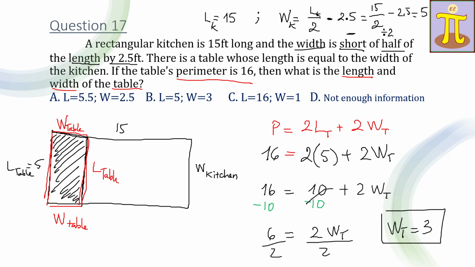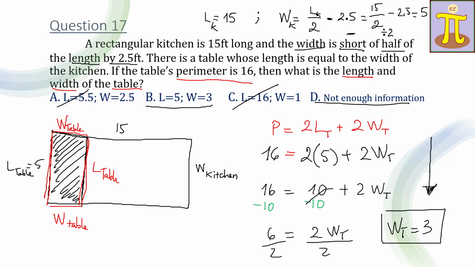The thing is, when you find out the width of the kitchen is 5, then the length of the table is the same as the kitchen's, so you can eliminate choice C and A, right? So we are left with B and D. We should solve for it to know the correct answer, if W is 3 or not.